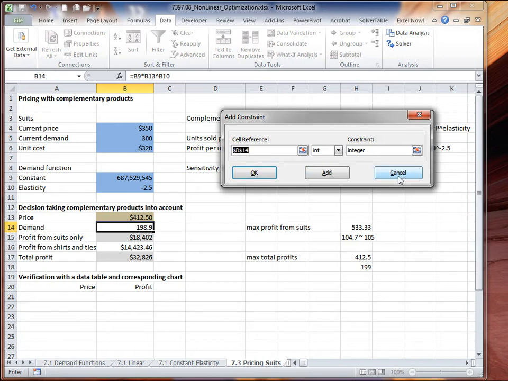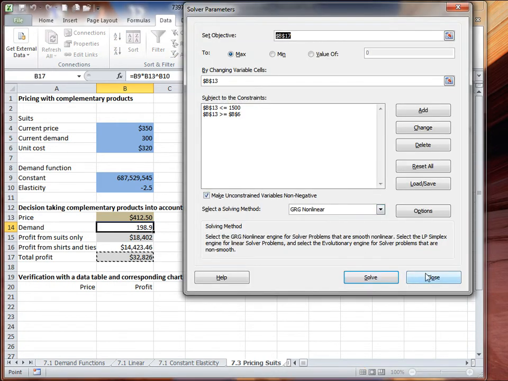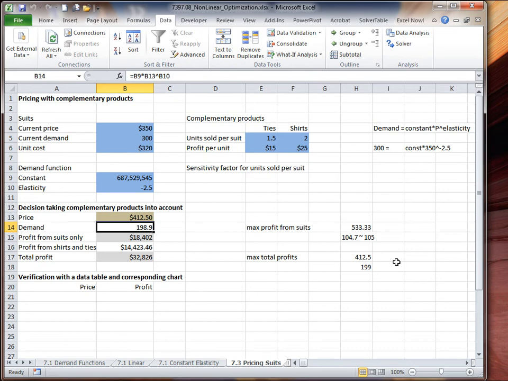All right. Now, I could force price to be an integer. You can charge whatever you want. Yeah.